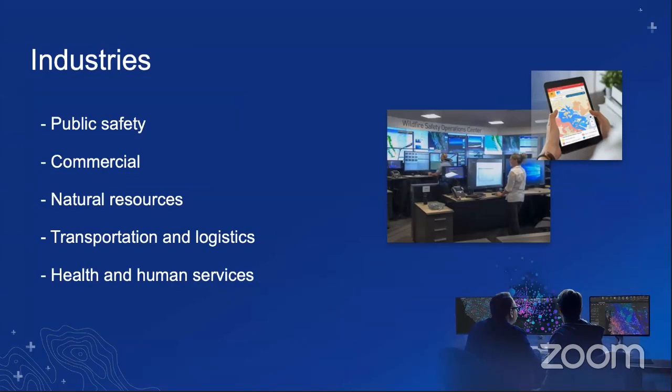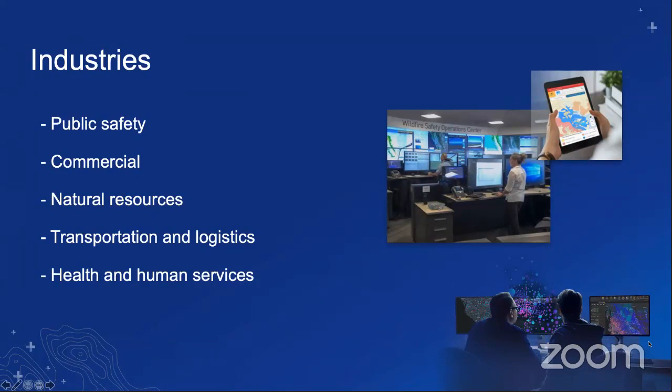ArcGIS Mission can support organizations in any industry that requires tactical situational awareness and communication in the field. The focus is on field-based operations that require coordination and communication among team members, and of course, with the command center.